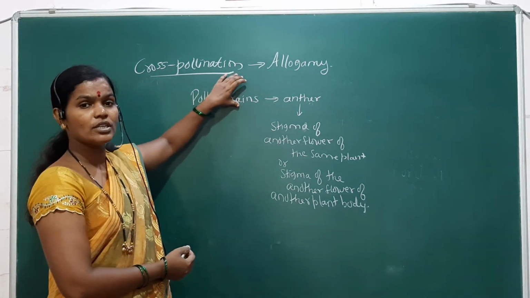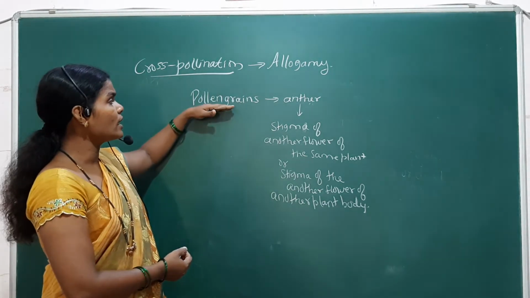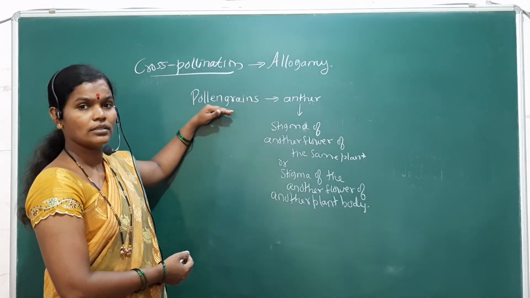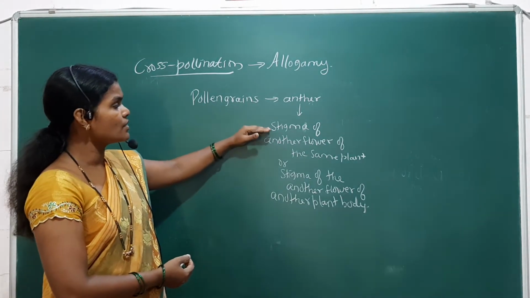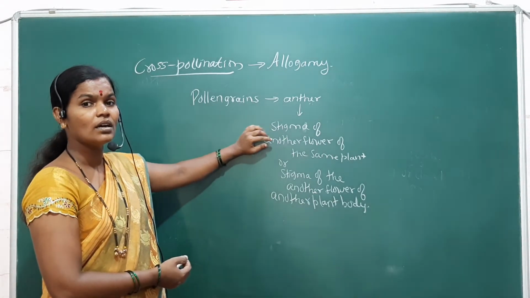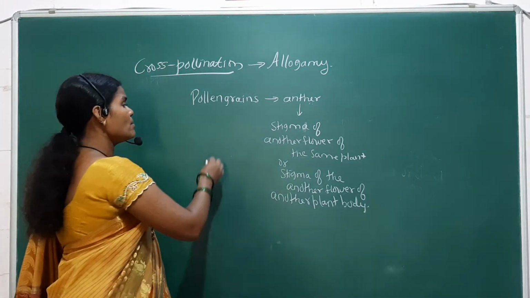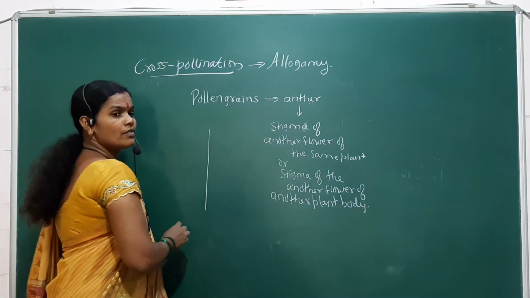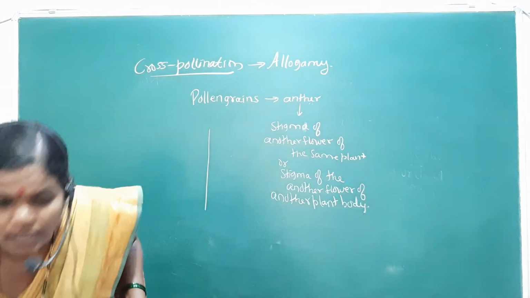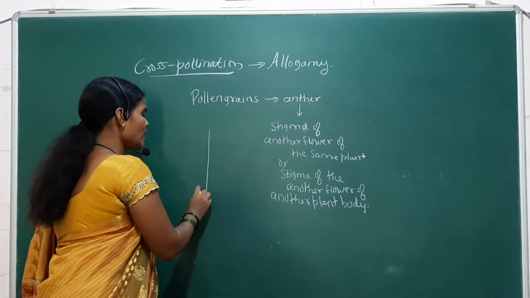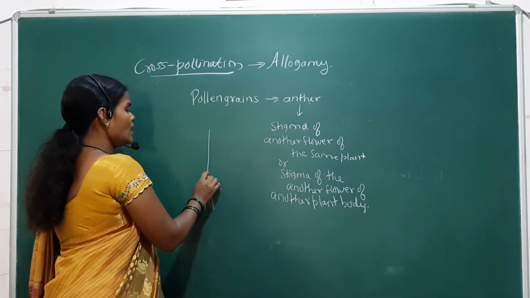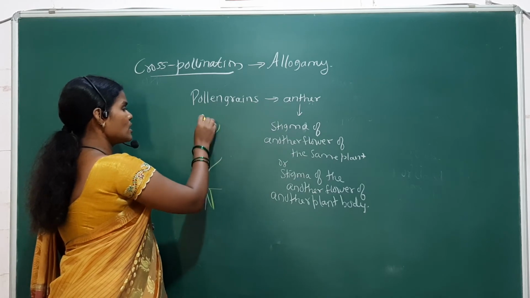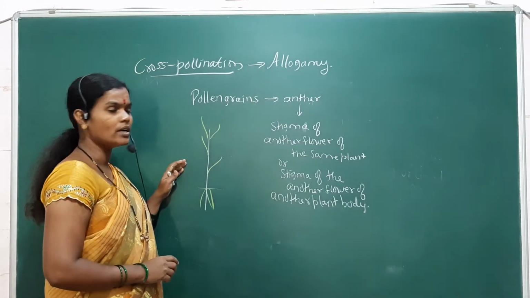So here the definition says that pollen grains of the anther are transferring to the stigma of another flower of the same plant body. See here students, in the diagram, imagine that this is the plant body and the flowers are present on the branches.